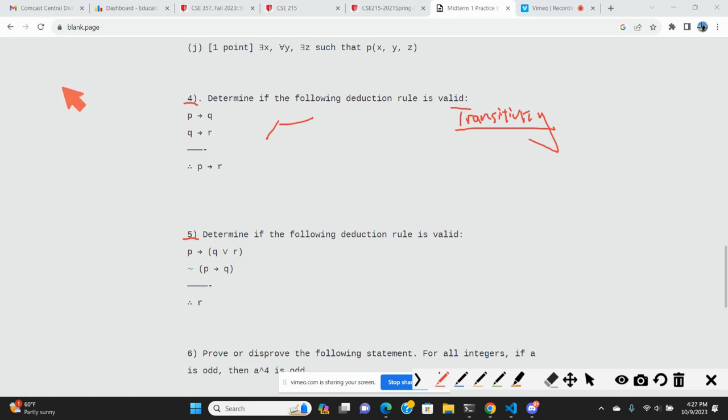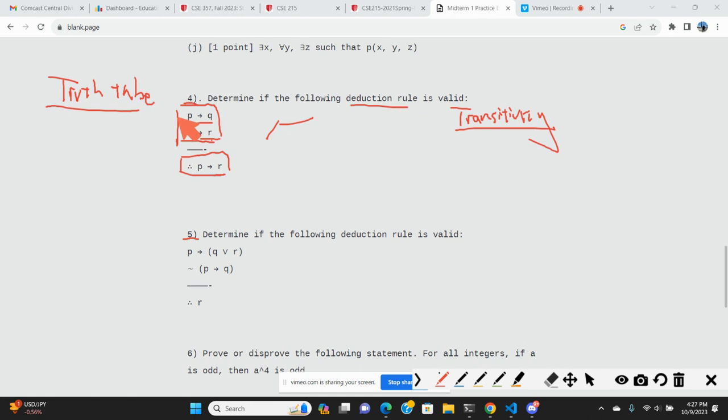The other way to do this is to construct a truth table and find the truth values of all these statements, and consider rows in which all the predicates are true. If there's one row in which the conclusion is false, then the deduction is invalid.